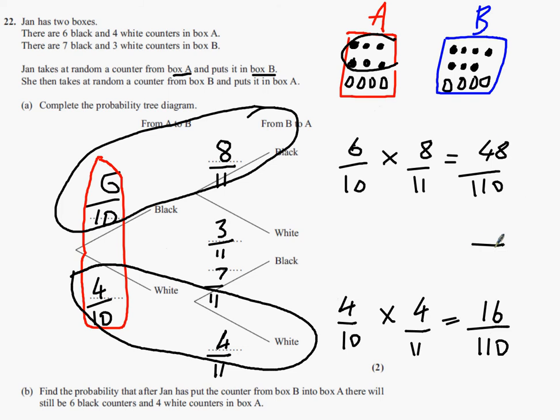And if you add these 2 fractions together, you get 64 over 110. That would give you full marks, but you could also simplify it to 32 over 55. Either of those 2 answers would give you the full marks.